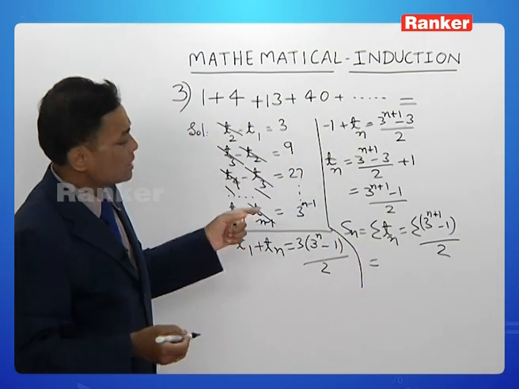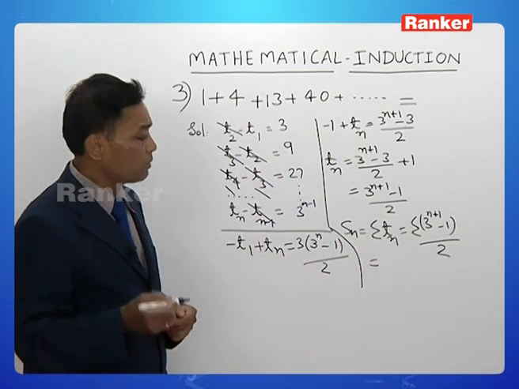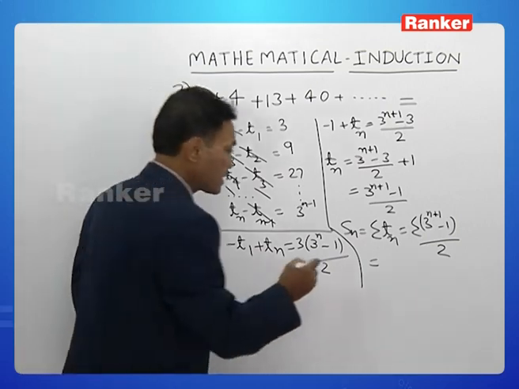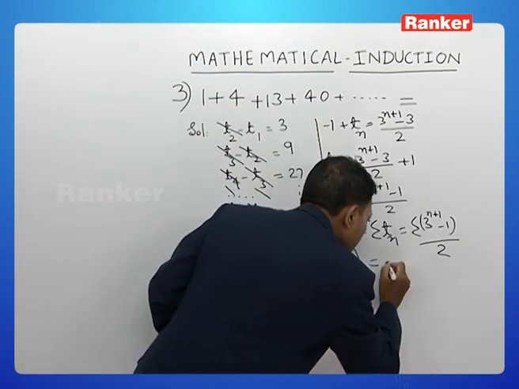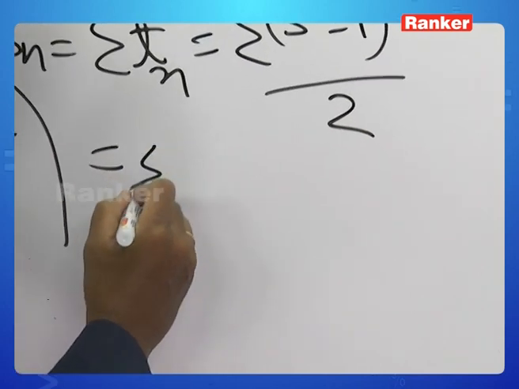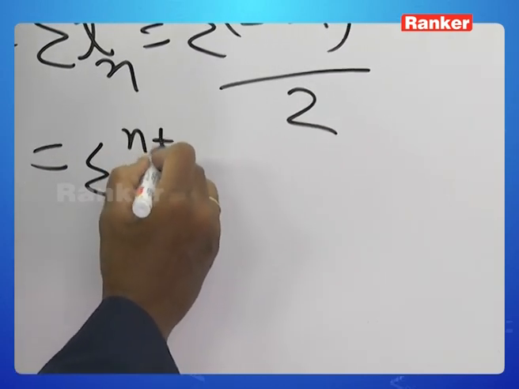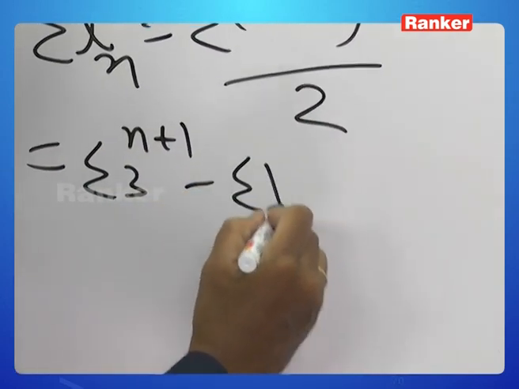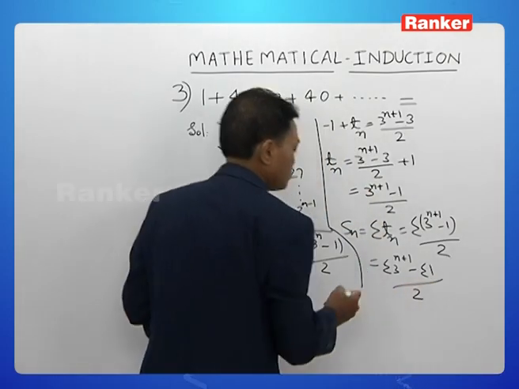Now, what is the sum of (3 to the power of n plus 1 minus 1) by 2? What we get here is sigma 3 to the power of n plus 1 minus sigma 1 by 2.